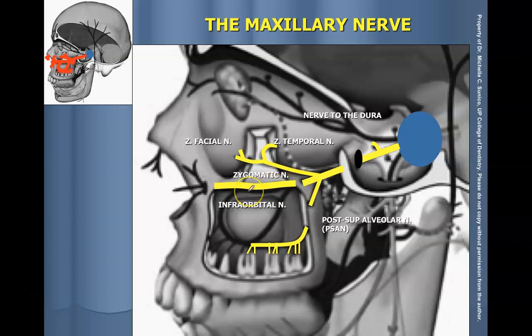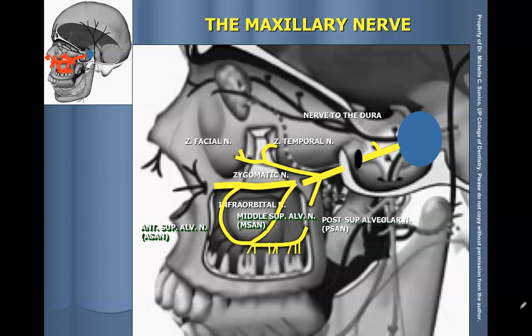While inside the infraorbital canal, the infraorbital nerve gives off two branches very important for dentists: the middle superior alveolar nerve, MSAN, and the anterior superior alveolar nerve.